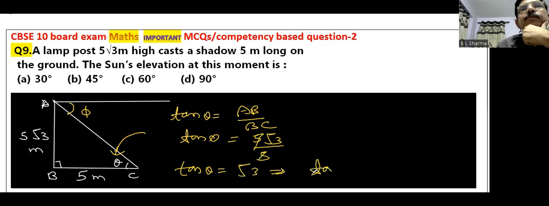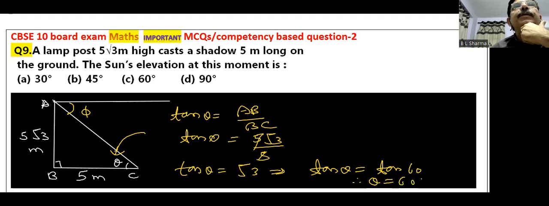And we know √3 is the value of tan 60 degrees. Therefore, theta is equal to 60 degrees. So the sun's altitude will be 60 degrees. C is the correct option.